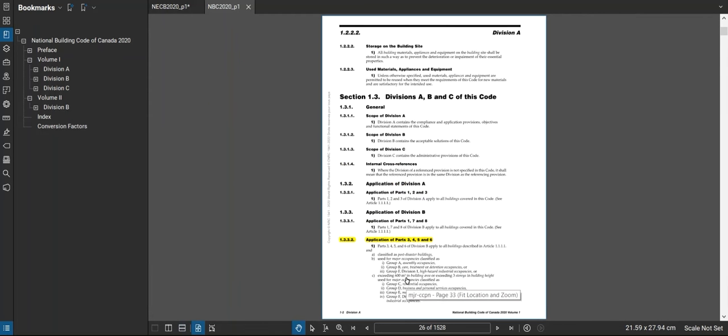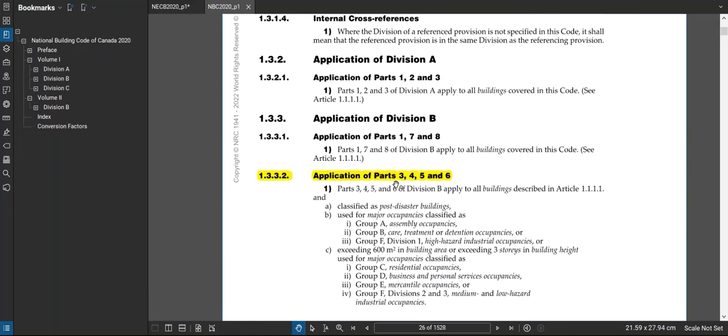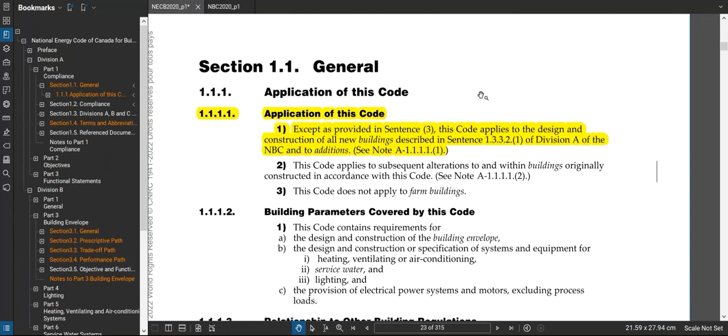So in a nutshell, if you know you have a Part 3 building, because it's out of the parameters of Part 9, which in a nutshell is 600 square meters, more than 3 storeys in building height, and you can't have, say, for an example, an A2 occupancy in the building. There's other things as well, but generally speaking, that's kind of what it is. So if you know you're going to use Part 3 of the building code, then automatically the National Energy Code for Buildings applies as well.